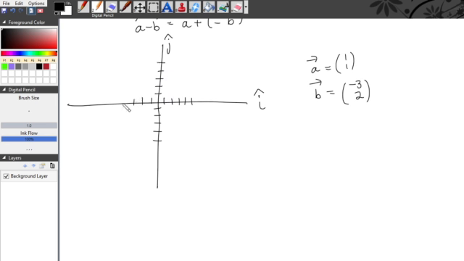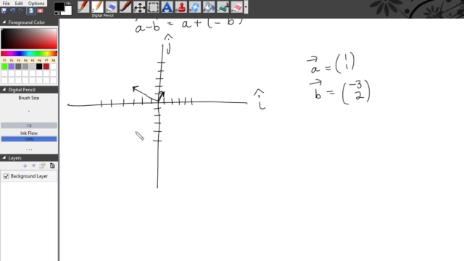Yeah, okay, so let's just draw it out. So A is obviously from the origin to here, and you just pretend that's a good drawing. And B goes 3 this way, and it goes 2 up. And it's a vector, so there's an arrow like this.